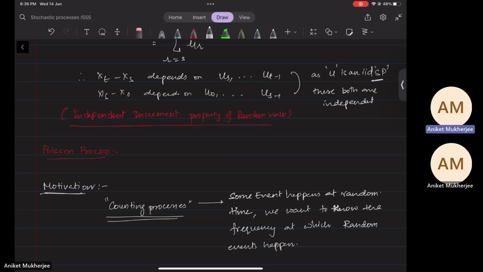So basically, this random process keeps track of, or counts, how many times an event has occurred.